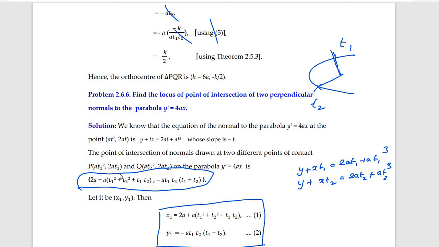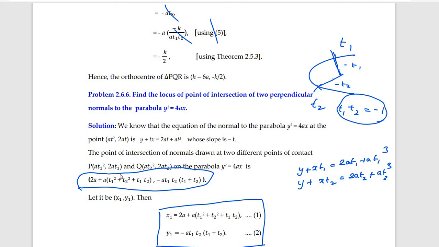When we consider this equation, obviously the slope is minus t1, and the slope of this is minus t2. So the product of the slopes gives t1 t2 equal to minus 1. Whenever we are asked to find the locus of any point, some condition needs to be given. So here the condition is the normals intersect at right angles, that is, they intersect perpendicularly, and therefore we have t1 t2 equal to minus 1.